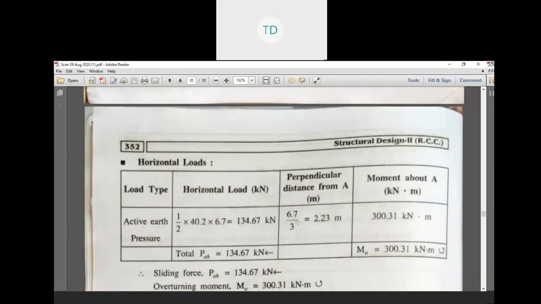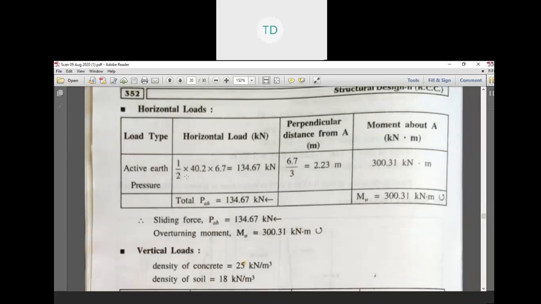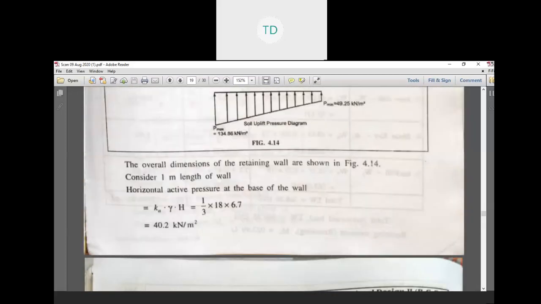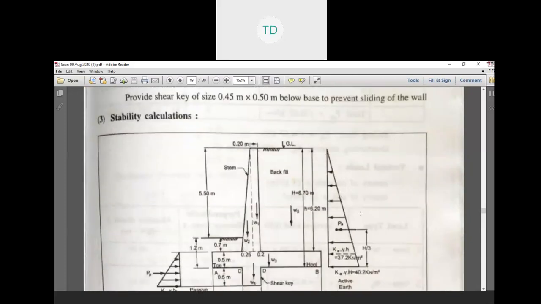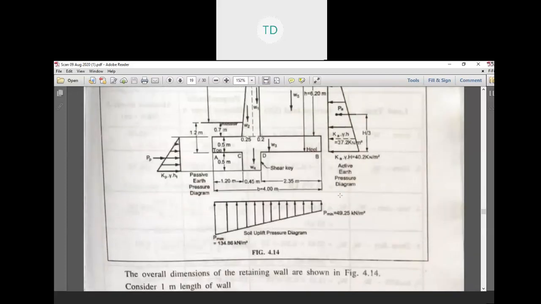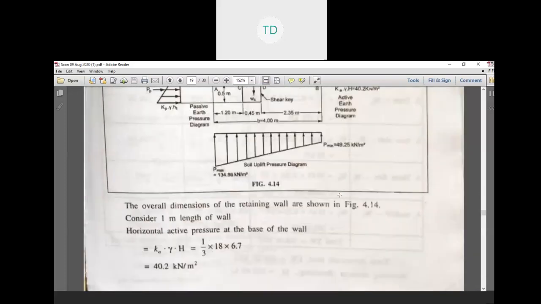Let me do the writing work. Load type: active earth pressure, horizontal load. We know the horizontal load is 1/2 into pressure into height. In short, in Gujarati, we consider half into base into height, because the horizontal load acts in a triangular direction. We need to calculate the area of the pressure diagram through which it is acting.